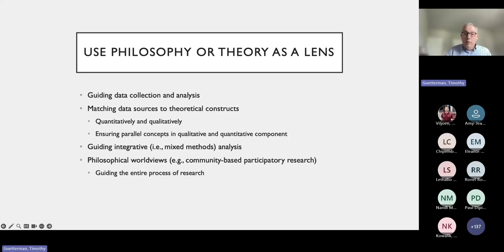And then similarly for philosophical worldviews. So for instance, if you have more of a social justice worldview or a community-based participatory approach, again, that can guide the entire process of research. Or action research, for instance, where you're really also working with participants, again, that can guide the entire process of research.